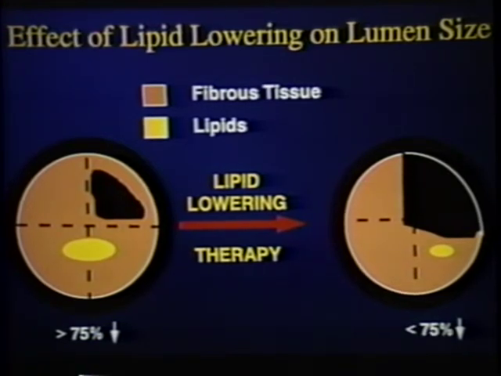The evidence for that now is overwhelming. So let's say we have an acute myocardial infarction and we reduce the lipid content of this plaque from here to here. We can open up that lumen so that it is now less than 75% narrowed rather than greater than 75% narrowed, and flow through this should be as if there's no plaque at all. In other words, small changes in plaque mass can be converted into very large changes in lumen size.